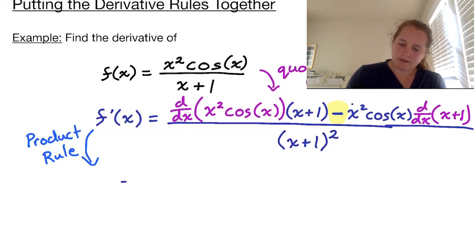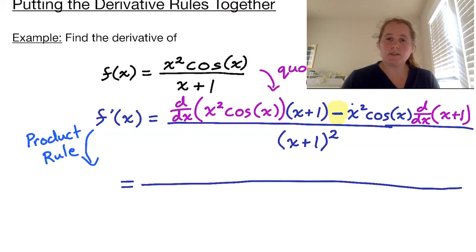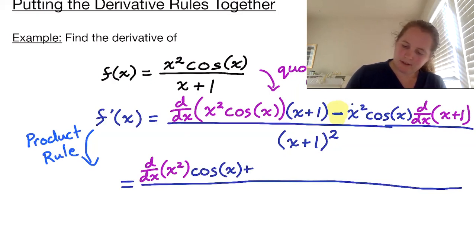The product rule says that we do the derivative of the first, the derivative of x squared, times the second, so times cosine of x, plus the first, x squared, times the derivative of the second, so times the derivative of cosine of x.